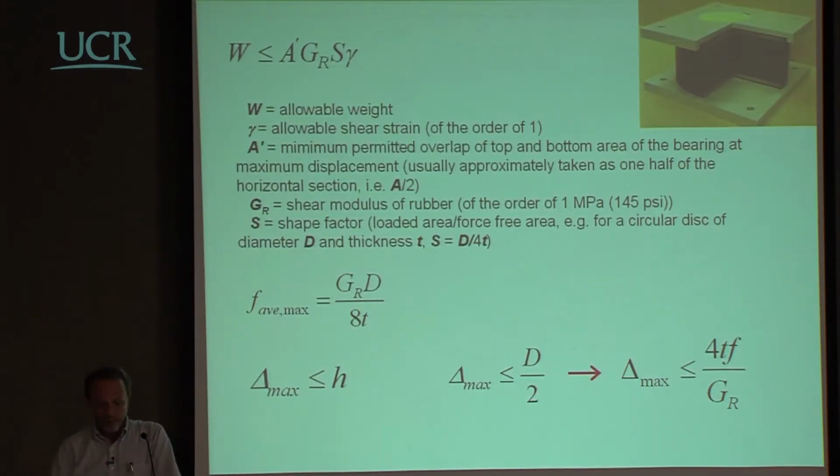So the maximum displacement normally cannot be significantly more than half of the planned dimension of the device. And from the point of view of the height, the horizontal displacement cannot be much larger than the total height, because this means a gamma factor equal to 1.